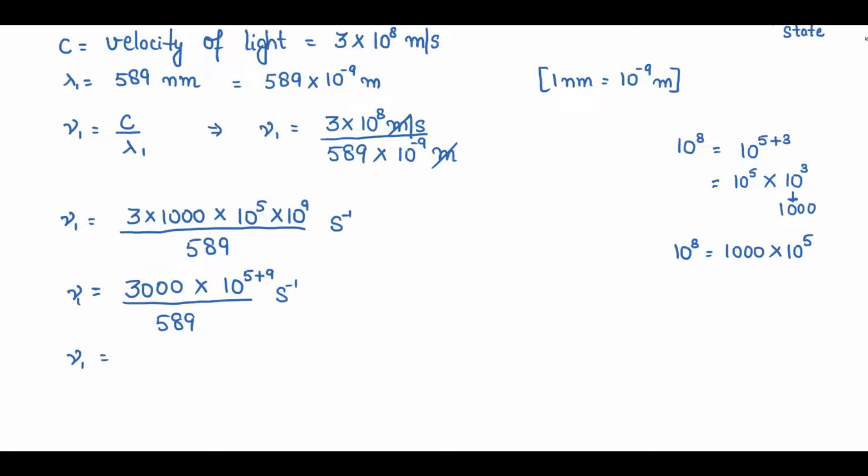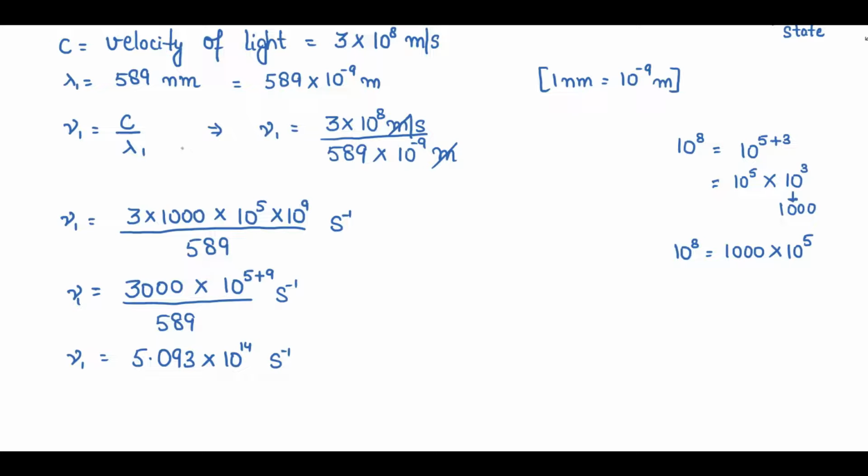Now when you will divide 3000 with 589, your answer will be 5.093 into 10 raised to power 14 second inverse. This is the frequency of excited state 1.